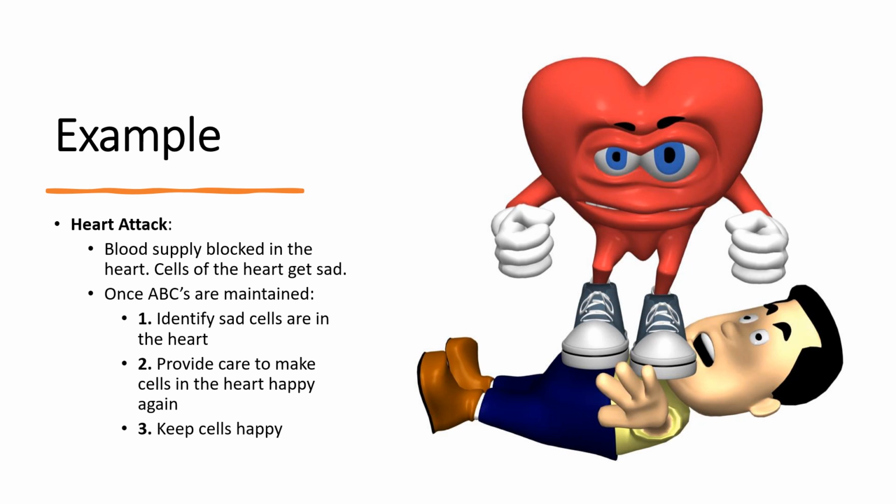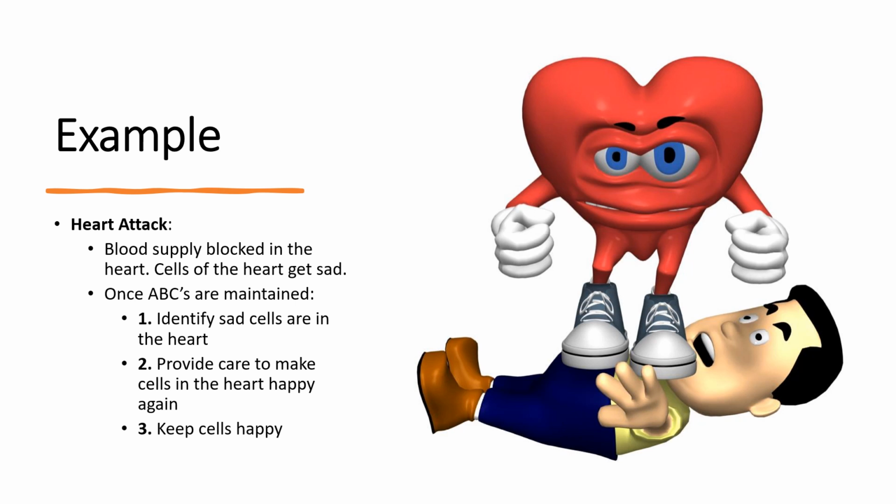And then number 1, identify: okay, cells in the heart are sad. And then number 2, what can we do? What are we trained to do? What tools do we have to make those cells happy again? This could be, for instance, we give aspirin, we give nitro, we give some supplemental oxygen. And that's helping to make the sad cells in the heart happy.